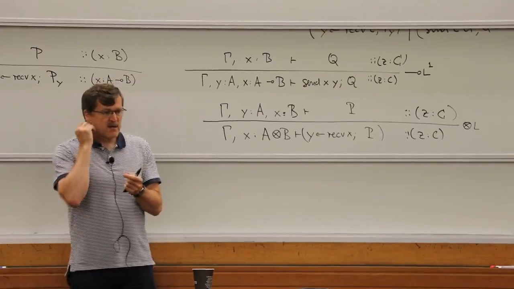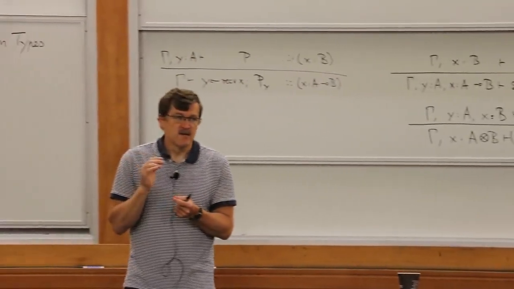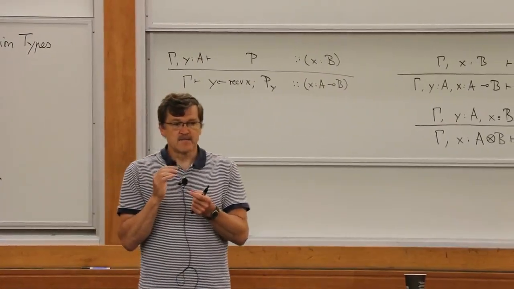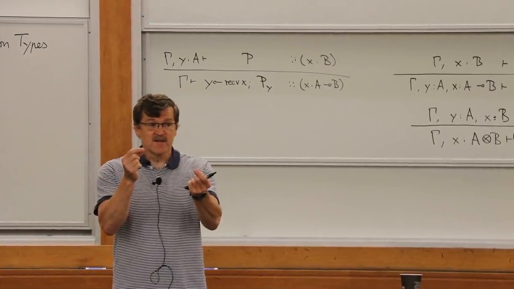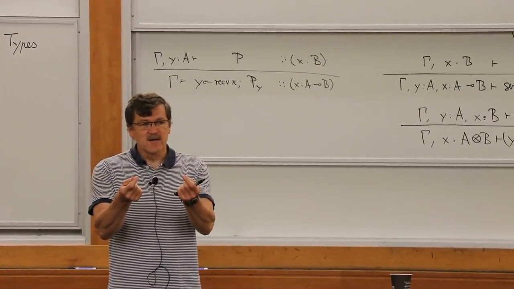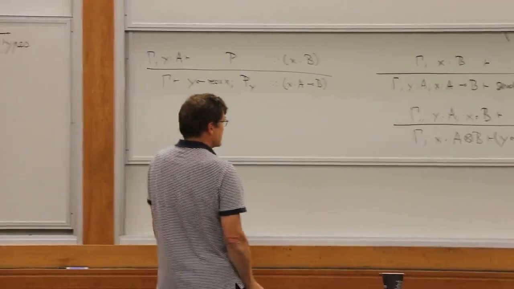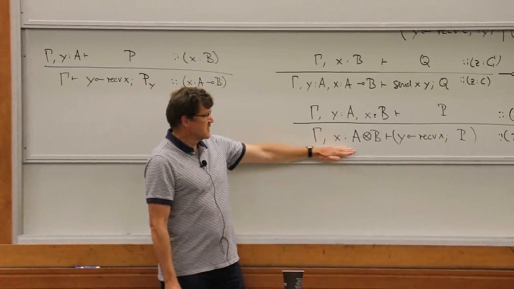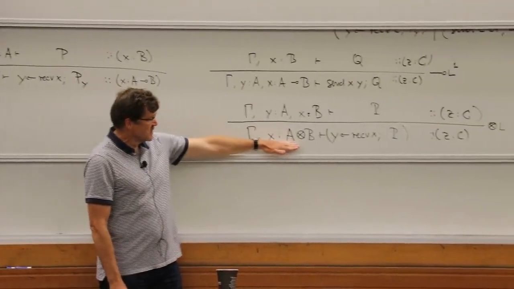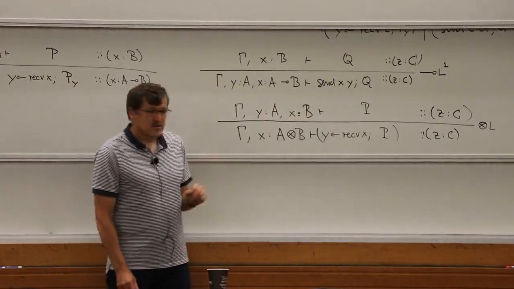Now, in a functional language, you think the pair is completely symmetric, but it's actually not. Because you have a pair M, N, you evaluate M first, and then you evaluate N. So there is some order in which you actually work with these things. And the order here is represented in the fact that you receive one channel, and then you continue evolving the type of the channel with the other type.